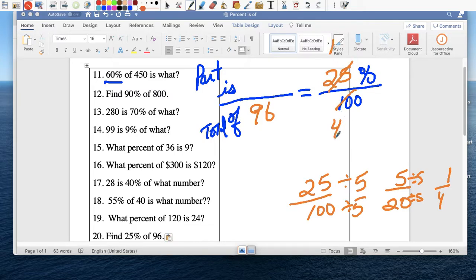Write this a 4. How can a 4 become 96? We're going to use a calculator. It's 96 divided by 4, and my answer is 24. So times 24. And over here, times 24. So 1 times 24 is 24. And that's what 25% de 96 is, 24. That's it. Okay, so just takes practice.